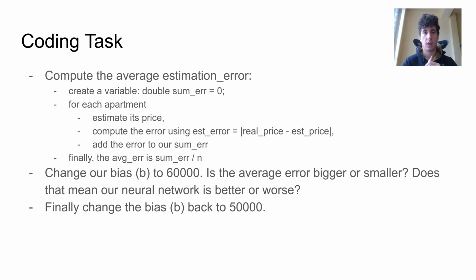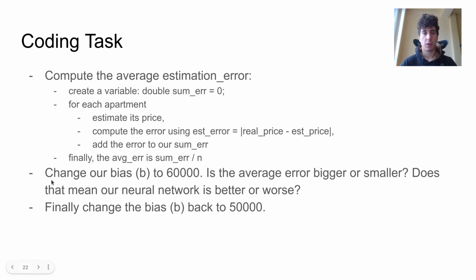Alright. And now, as a coding task, we would like to compute the average estimation error. Take each apartment and find the error, the difference, and add them up to the sum error variable, which is initially 0. And finally, the average error is the sum of errors divided by n.